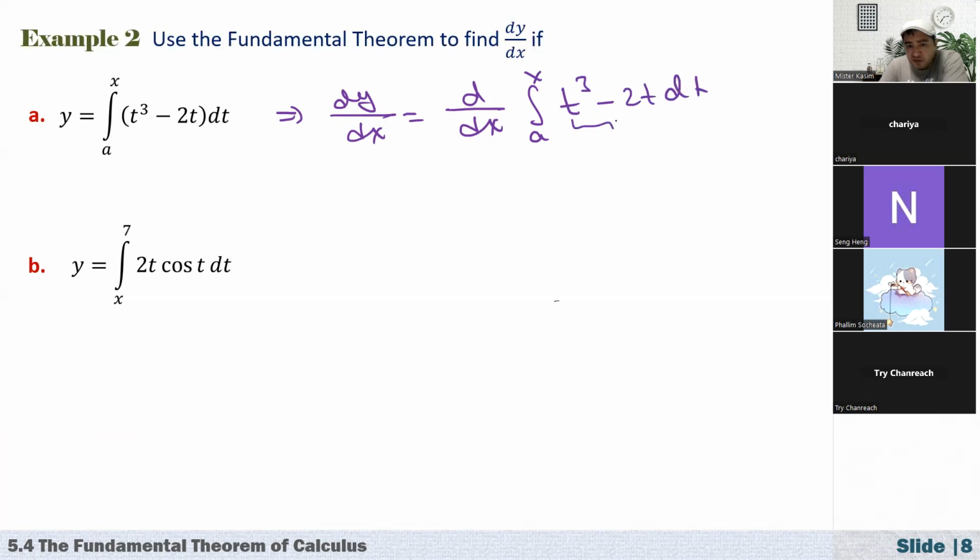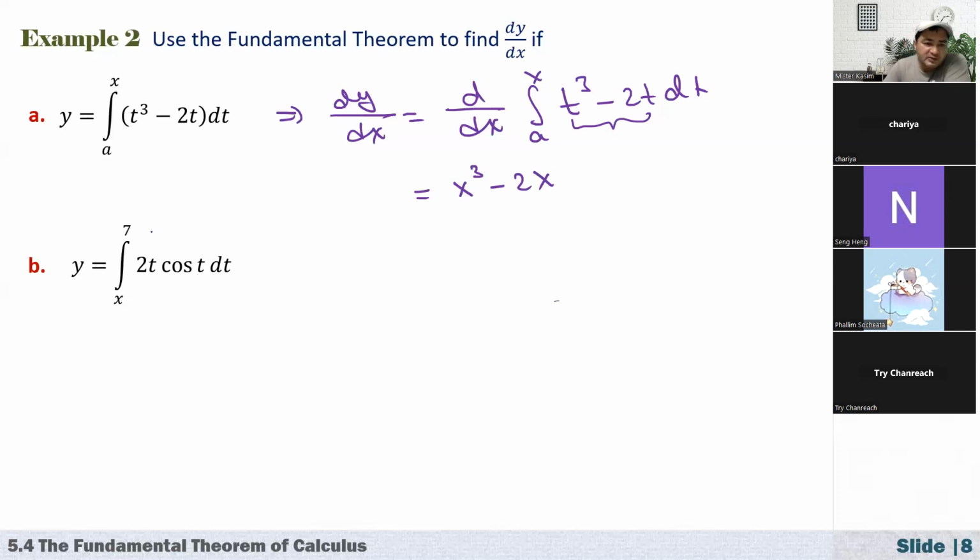By using the fundamental theorem of calculus, what is dy dx? It is d dx of the integral from a to x of t cubed minus 2t dt. Our function is t cubed minus 2t, so by the fundamental theorem this is equal to, not t, this must be an x, x cubed minus 2x.